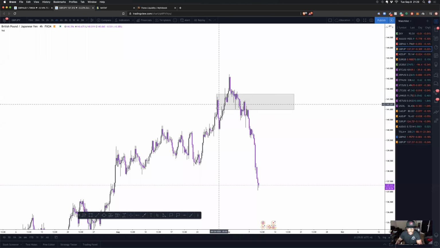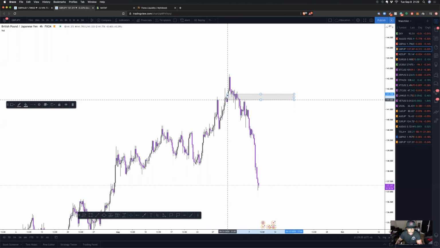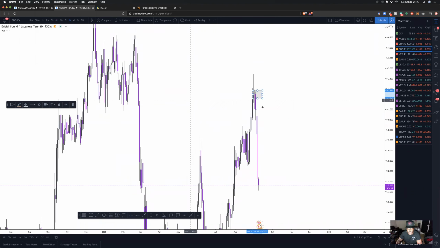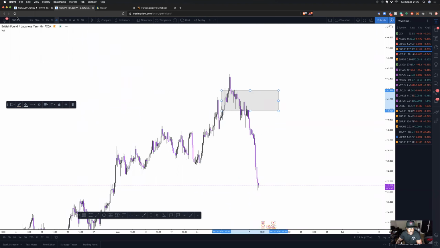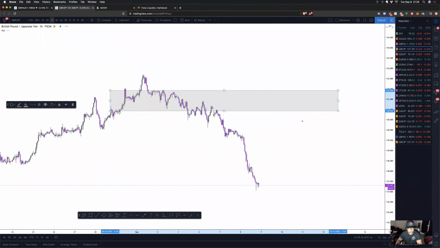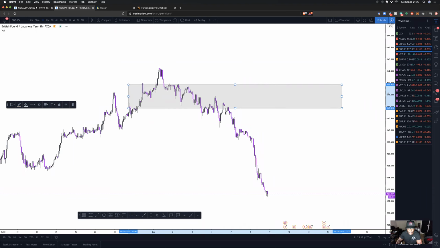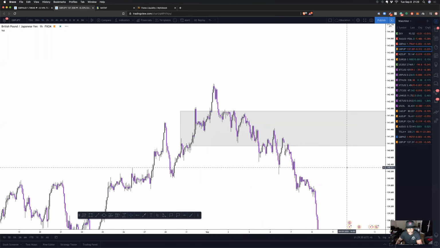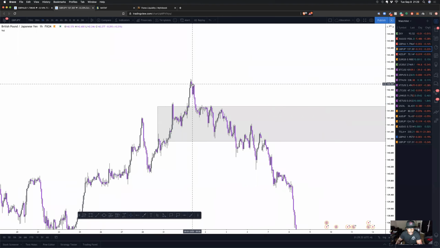But like Josh just explained, this entire move, let me leave that highlighted, when you drop down to something like the 1 hour, it became so much more clear. So you had the most recent higher low. In order for structure to be broken, you need to break past this higher low.